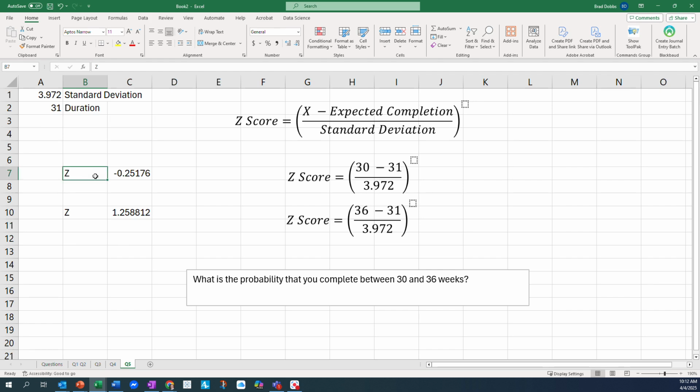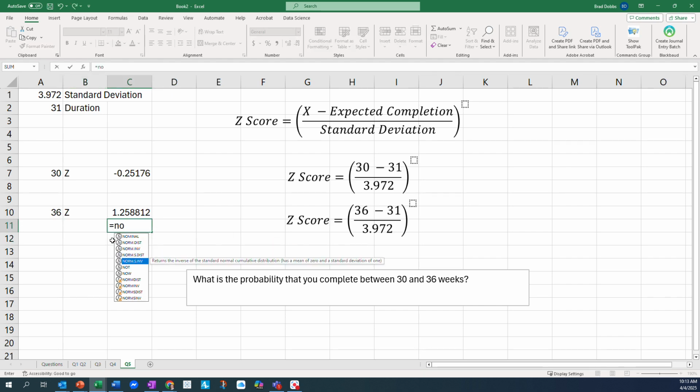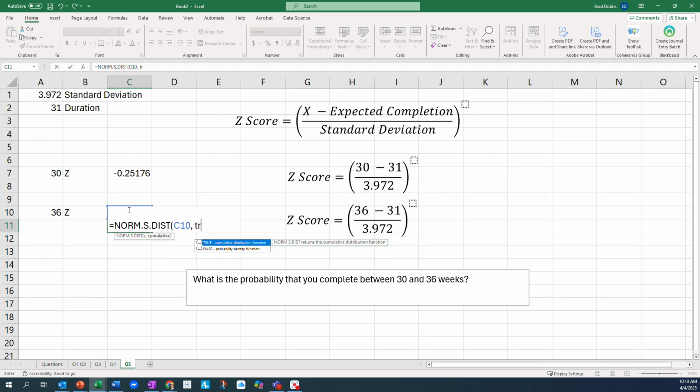This is my z-score of 30, and this is my z-score of 36. So what I'm going to do is take my probability of 36, so equals NORM.S.DIST, z-score, TRUE.